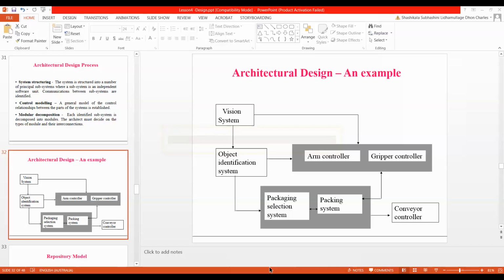The vision system is not a subsystem of one, it is the system. So you cannot take the vision system as a subsystem. Okay?